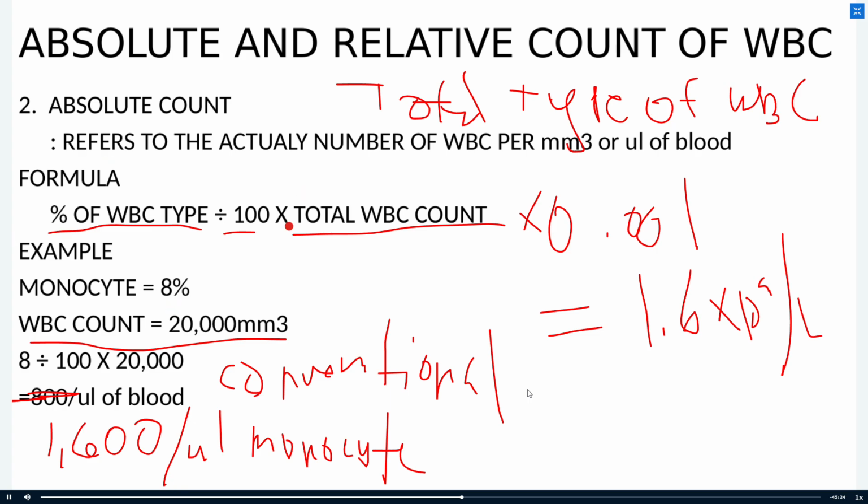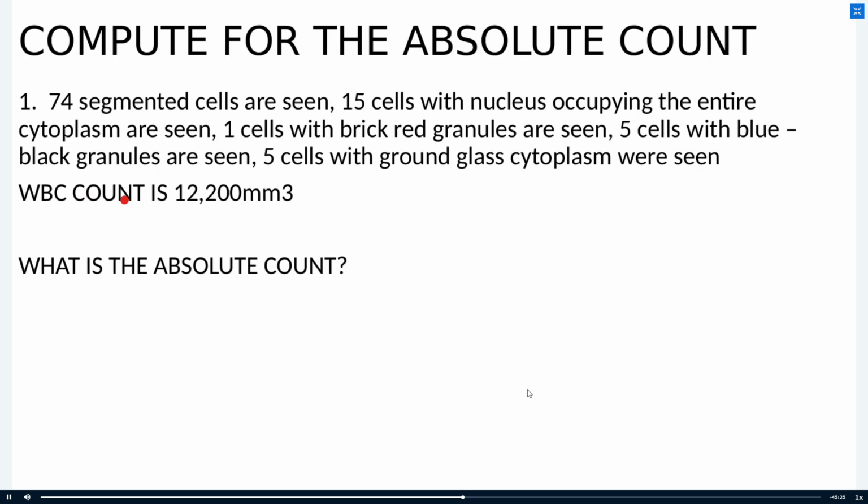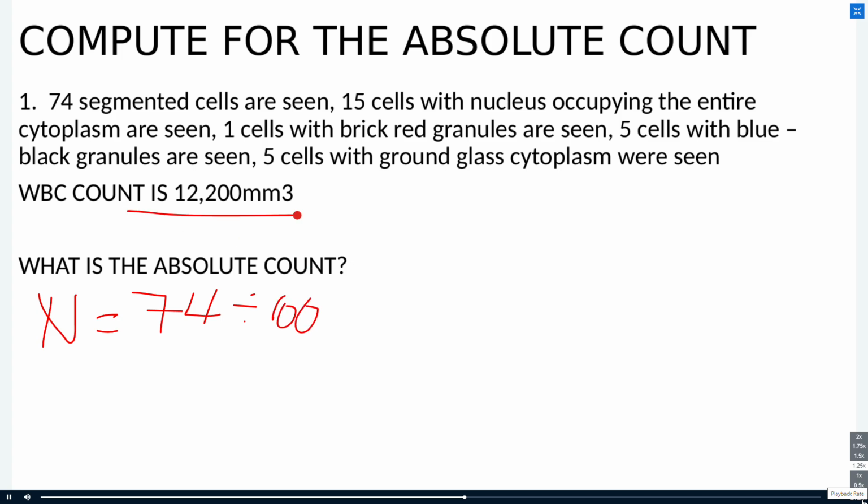Just have to memorize the formula. Okay, here's a problem. So let's solve, try natin. So 74 segmenters. So let's start with your neutrophil. So 74 divided by 100 times the total WBC count, which is 12,200. Ano sagot, class?